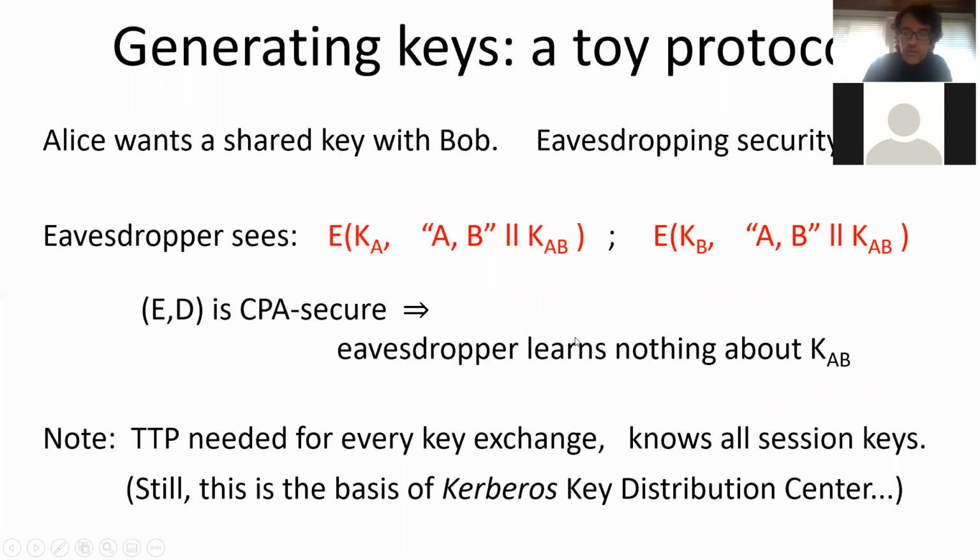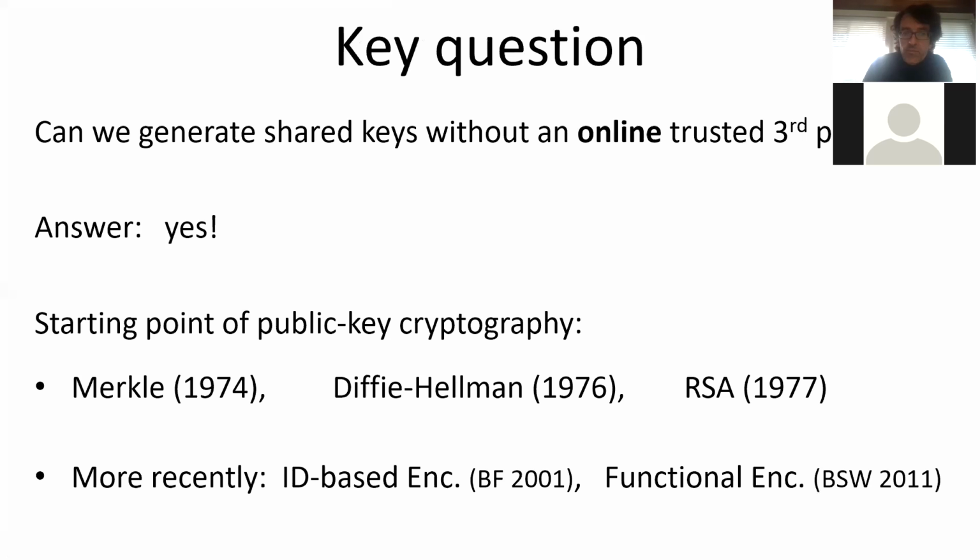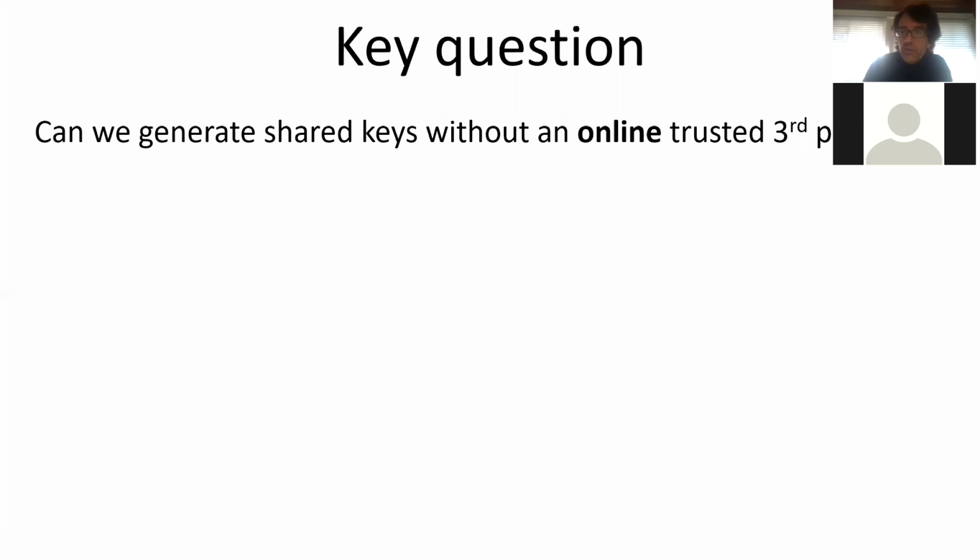Okay, so this is the Kerberos key distribution system, and of course, it has this bottleneck, a trusted TTP. We would have to authenticate to a single party and establish channels with that party. So it's a bottleneck, but it's also a security vulnerability, right? There is somebody out there who knows everyone's keys.